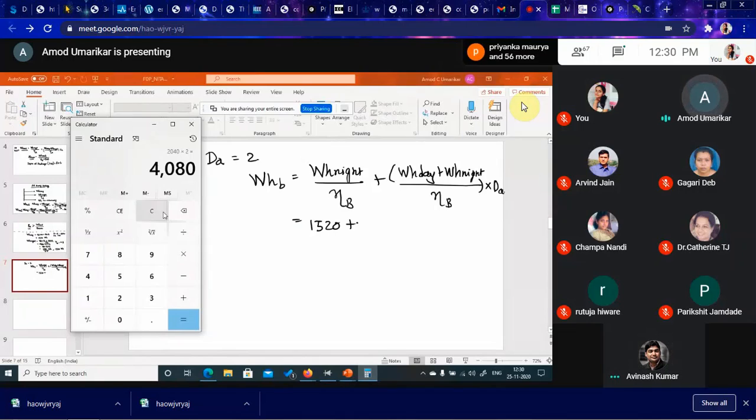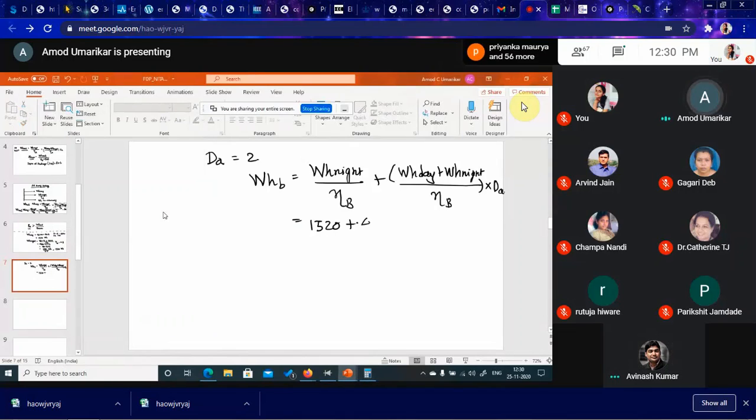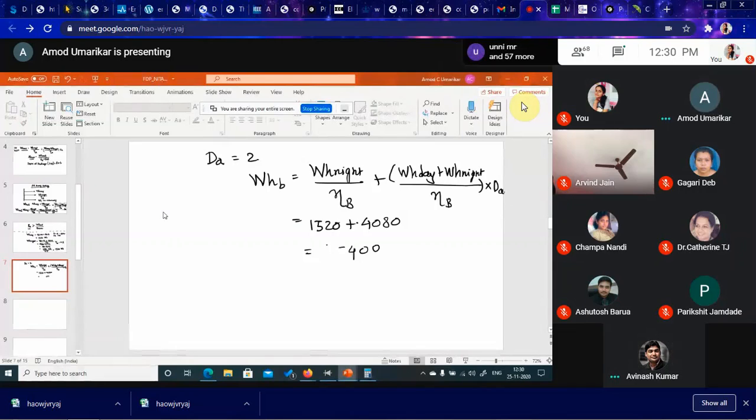So this comes as 4080, right? So total WHB comes as 5400 watt hour.